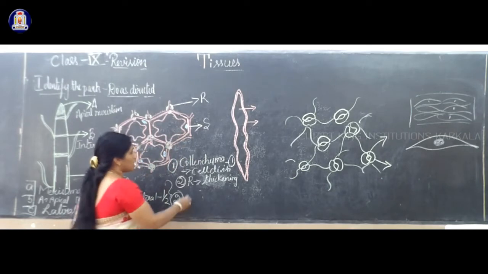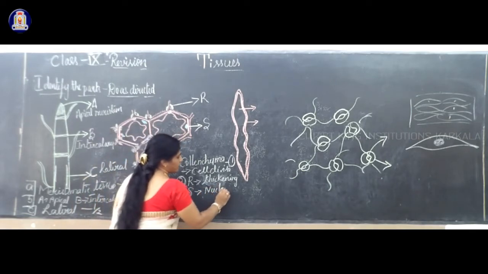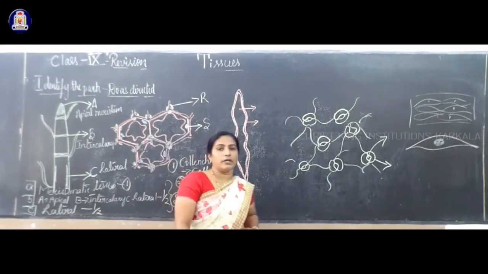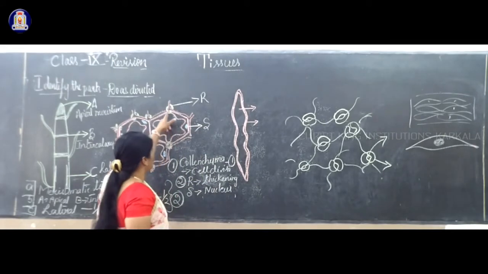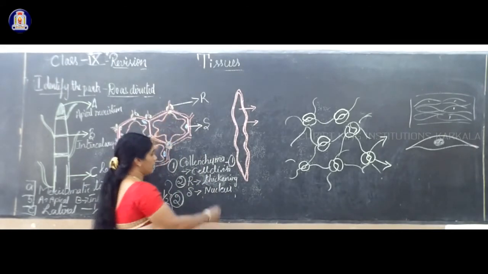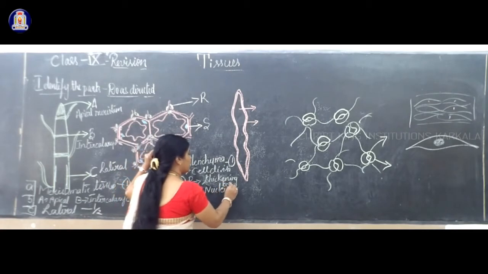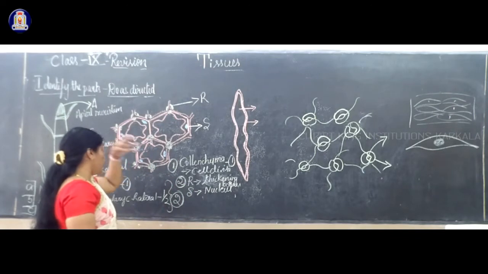So it is R, the thickened border. Next, S is the nucleus. The border is thickened, it is the border only, not here.